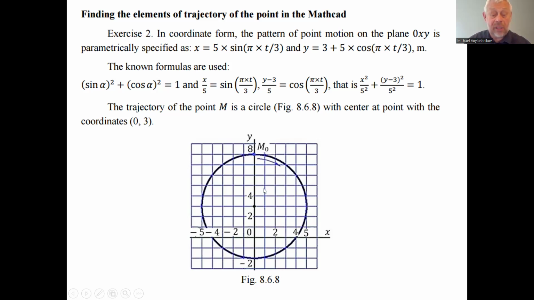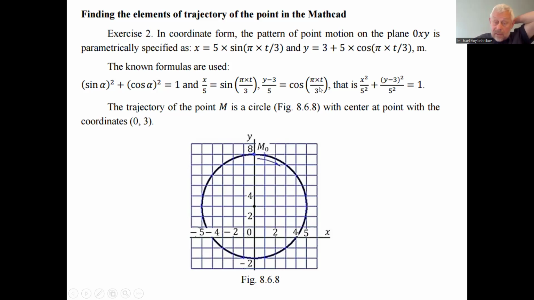To find the shape of this trajectory, we have to exclude the time parameter from these parametric equations and express y by x. For this we use the known dependency that sine squared and cosine squared together equal 1. From the first equation, we derive the sine factor equal to x divided by 5, and from the second we derive the cosine factor, y minus 3 divided by 5, equal to the cosine.